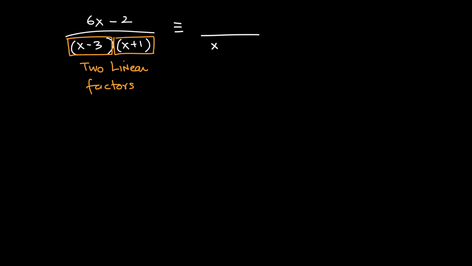One of them has a denominator of x - 3. The other one has a denominator of x + 1. What is missing? The numerator for the first fraction, let's call it A. The numerator for the second fraction, let's call it B. Our objective is to find these unknown constants A and B.